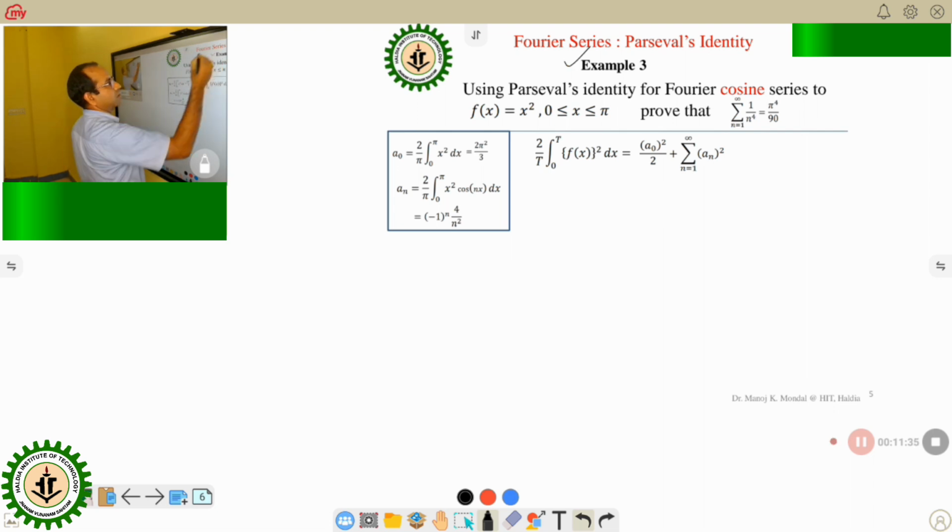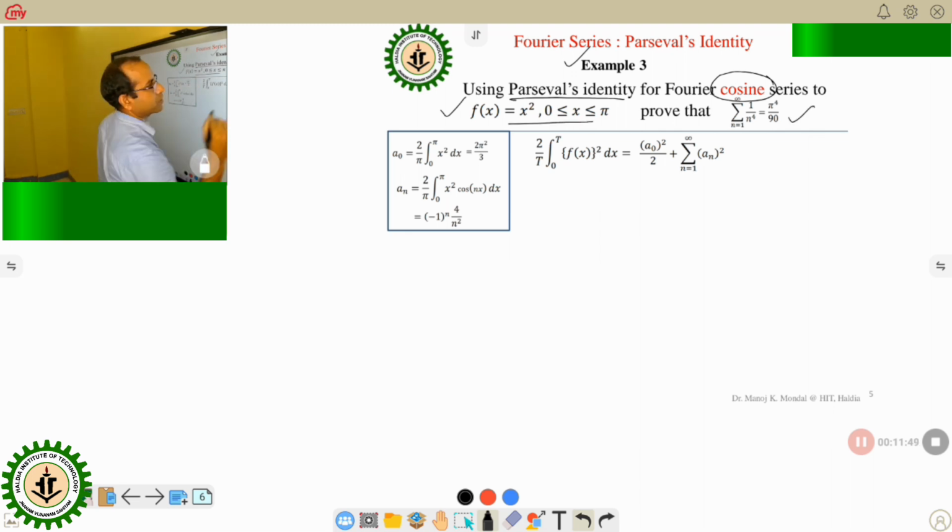Example number 3. Here, by using Parseval's identity for the Fourier cosine series for the function f(x) = x square in the interval 0 to pi, we have to prove this. For the proof, looking at the function f(x) = x square on 0 to pi, it is a half range cosine series.